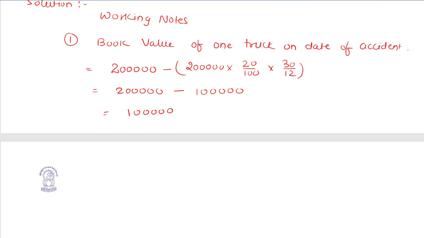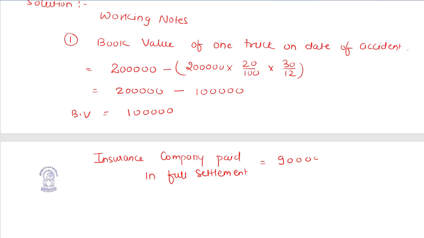Now the book value of the machinery is 1 lakh, but the insurance company paid in full settlement 90,000.